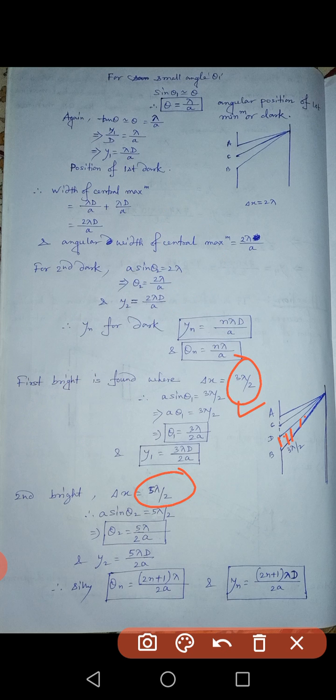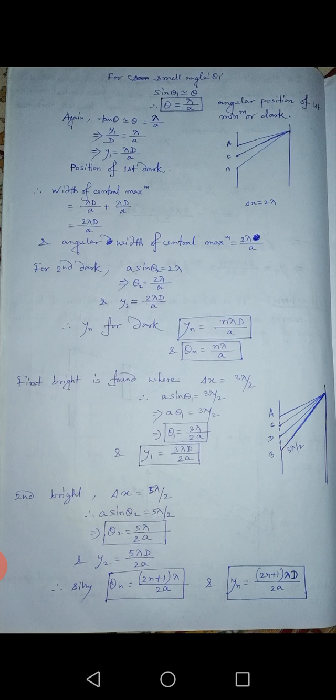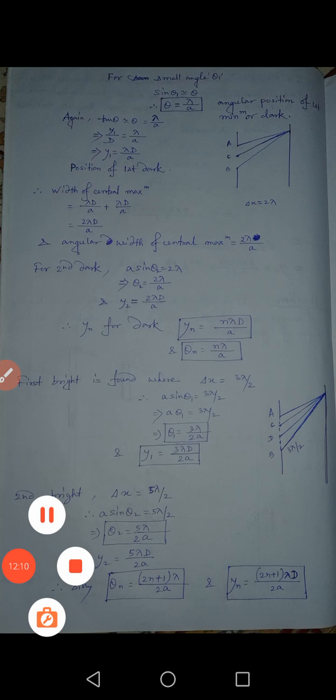In interference the intensity of bright fringes remains uniform theoretically, but in diffraction it is not uniform, it reduces with the order number. In the next video we'll discuss fringe width.